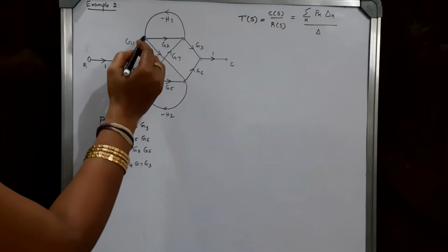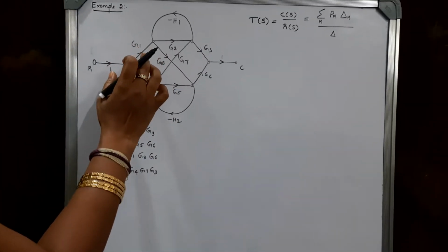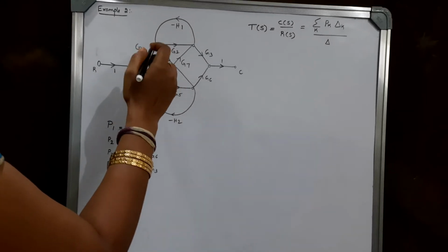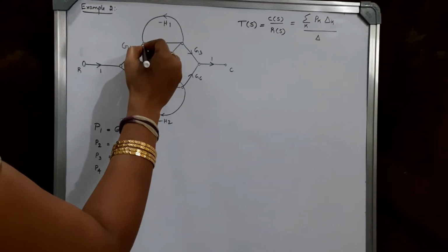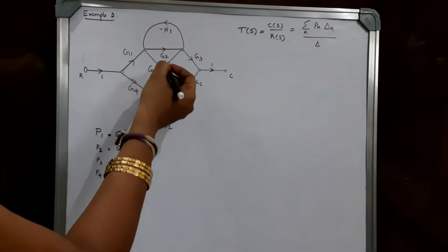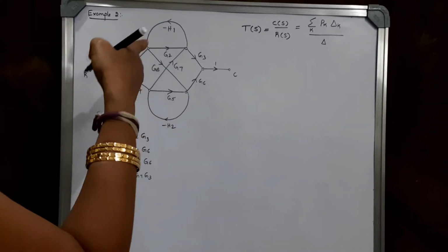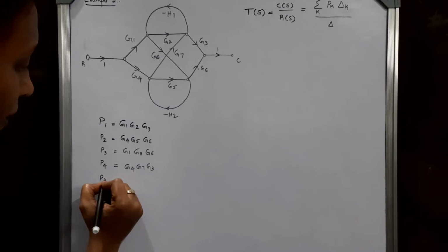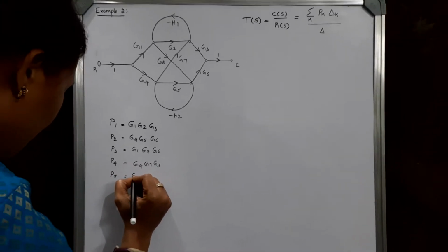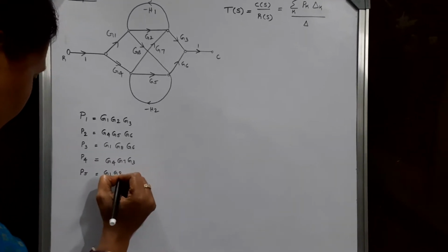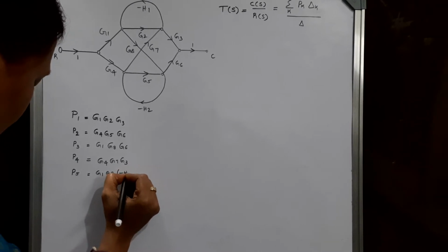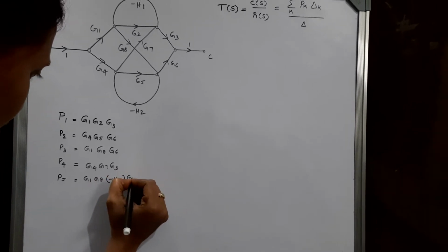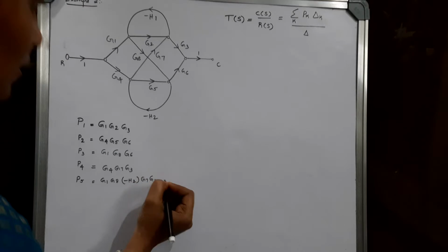If you carefully see this particular path, nowhere is the path entering a particular node more than once. So hence I can treat this as one more forward path, that is P5. So P5 is G1, G8 minus H2, G7, G3.